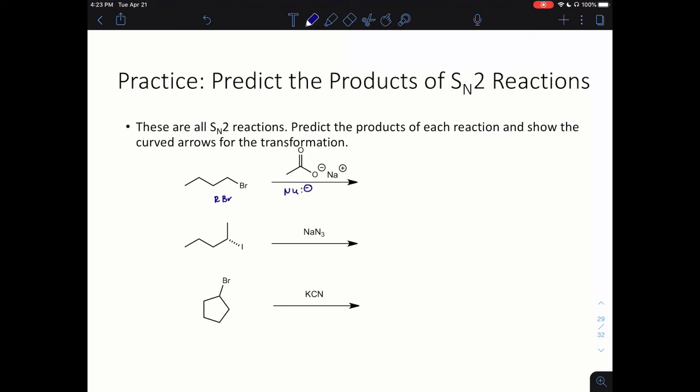So I suspect I could be thinking about an SN2 reaction. I want to identify the substitution pattern of the alkyl halide because I know that affects the rate. The alpha carbon is primary. There's only one other carbon atom bonded to the alpha carbon. So great, I know that makes for a pretty fast SN2.